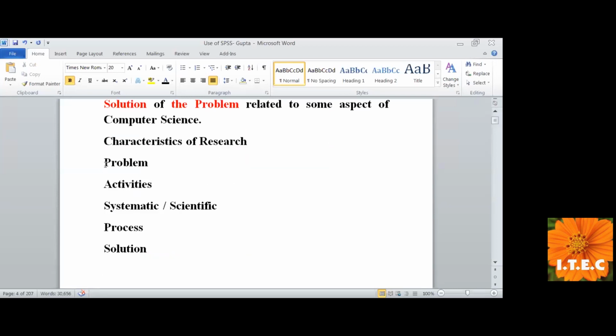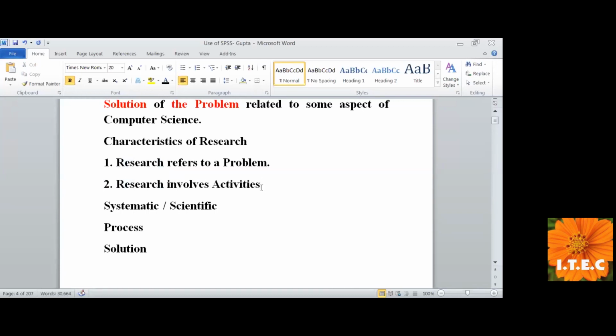So one is research refers to a problem. This is the one sentence I have written. Another sentence is research involves activities.